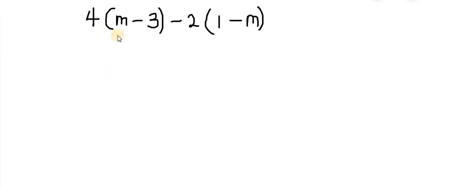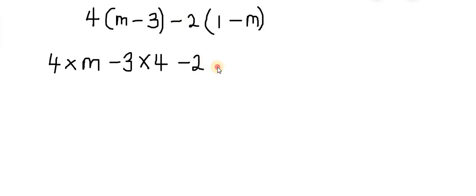So we have 4 times m first, and then we have minus 3 times 4, and then we have, remember, the number and the sign, we have minus 2 times 1, and then we have minus 2 times minus m.